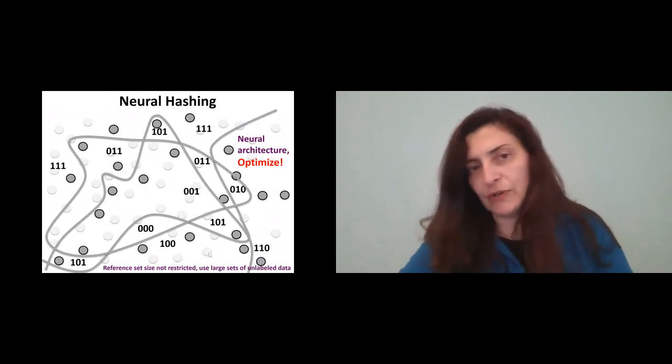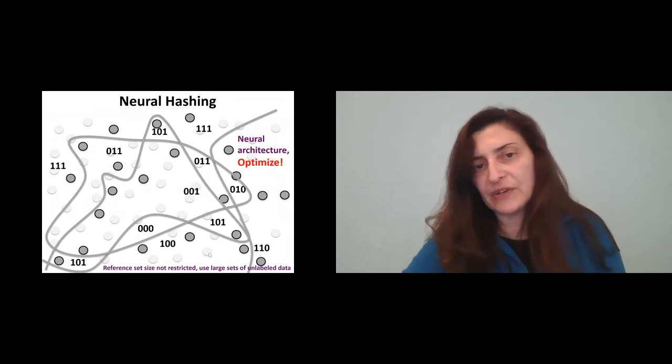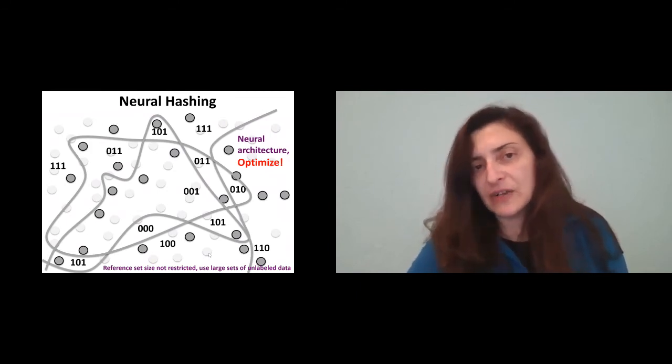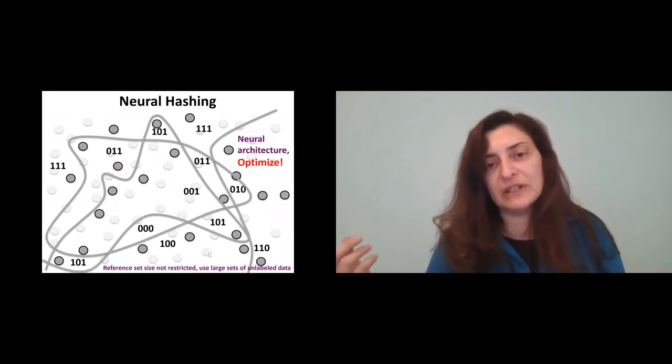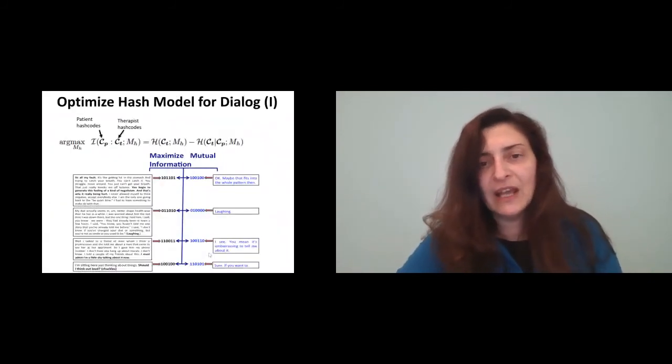So of course you can do, and we tried that as well, neural hashing, when your classifiers are encoded by deep networks, and the architecture of those is also a set of parameters that need to be optimized with a particular criterion, which again in our case was mutual information.